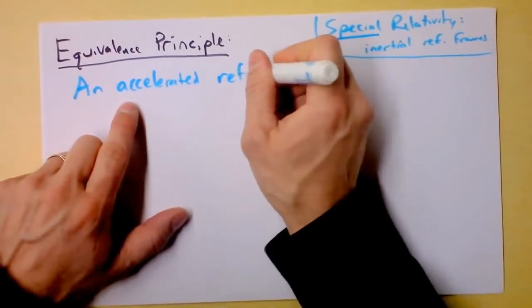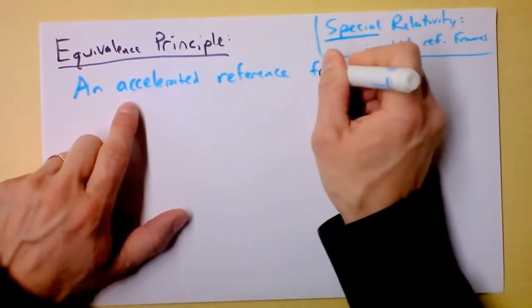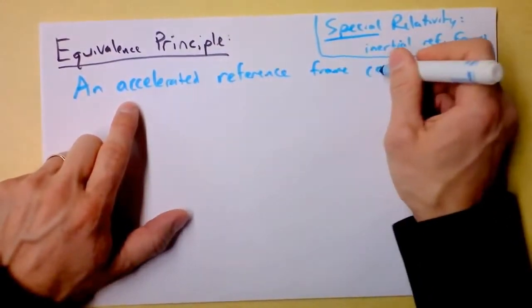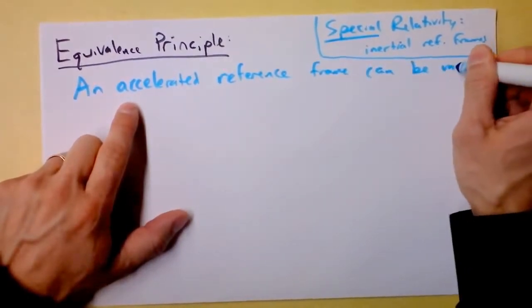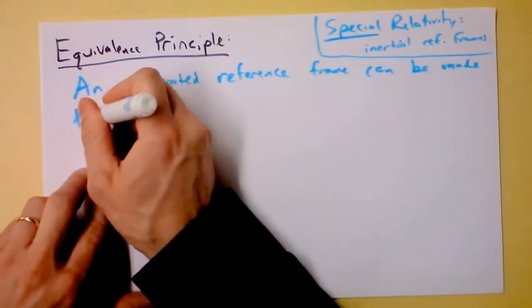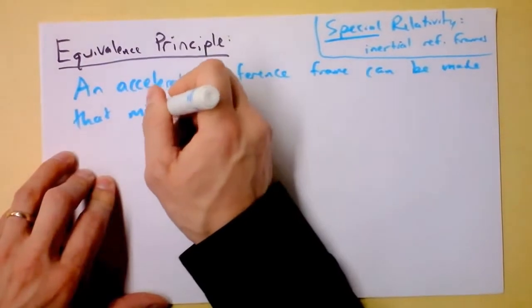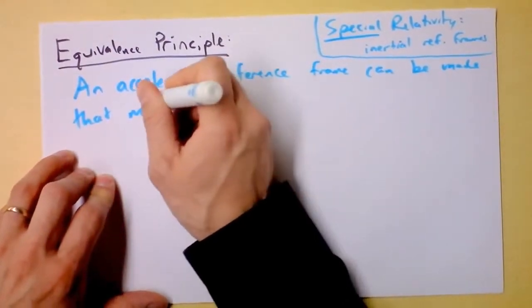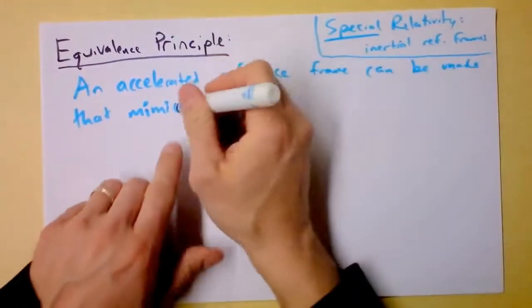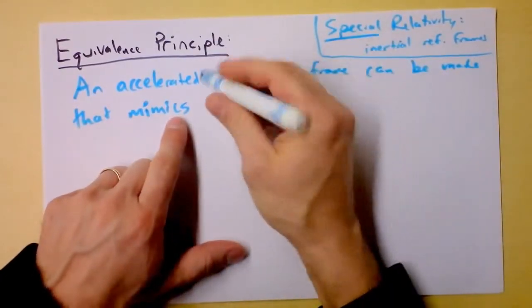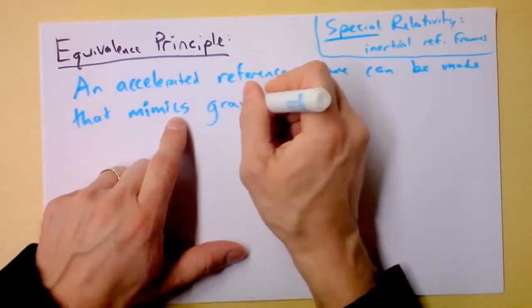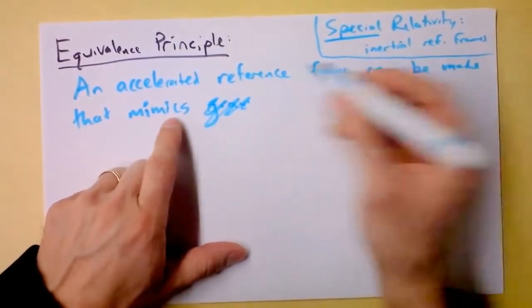An accelerated reference frame can be made that mimics, and when I say mimic, I mean completely mimics, gravity. Or let me be a little bit more firm about this.